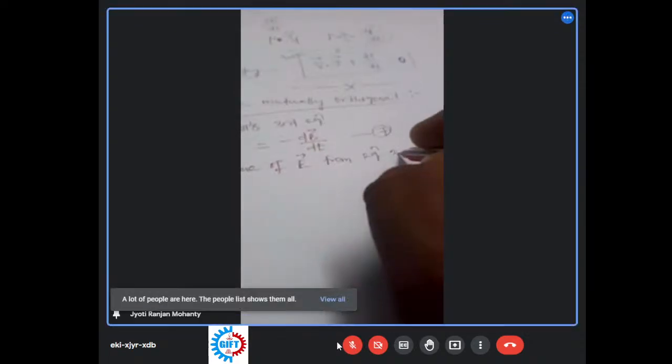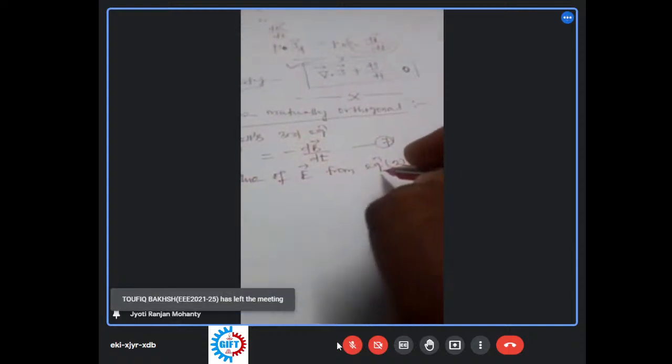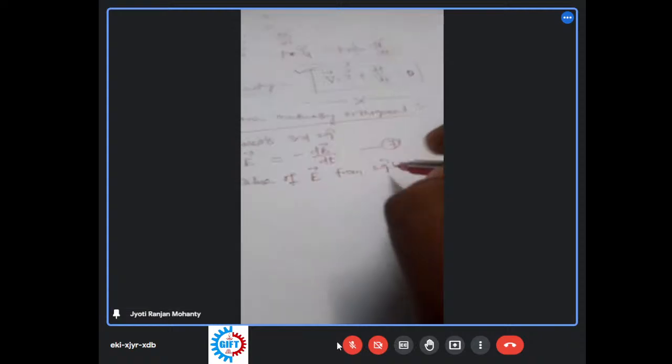What is equation number 2? E0 vector e to the power i into k vector dot r vector minus omega t.